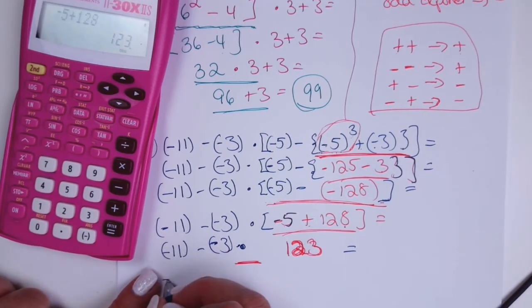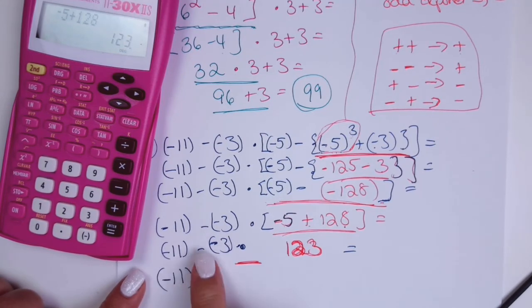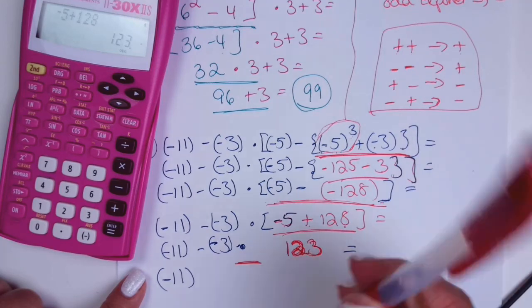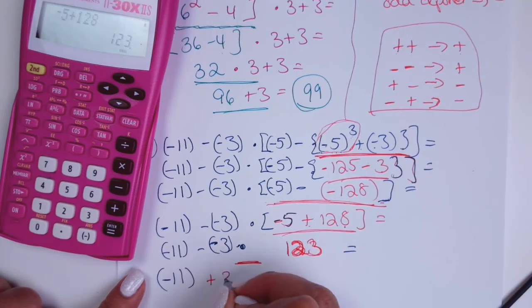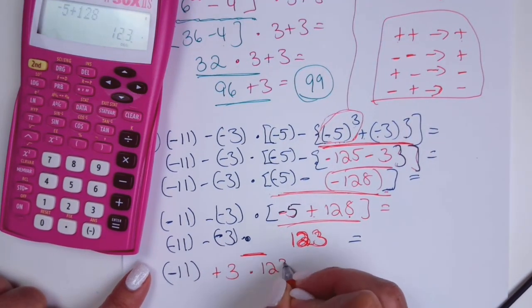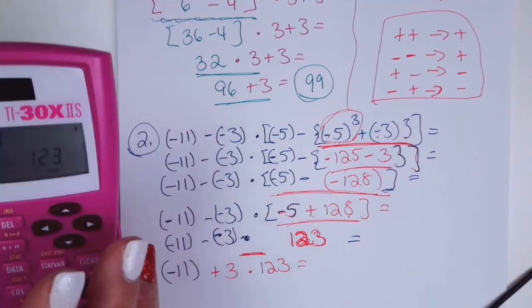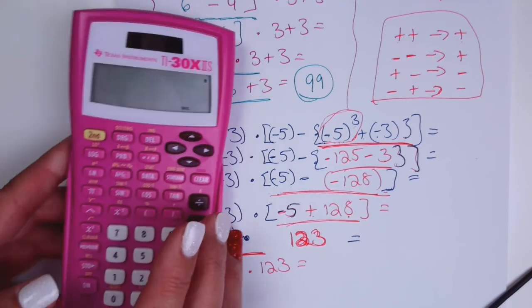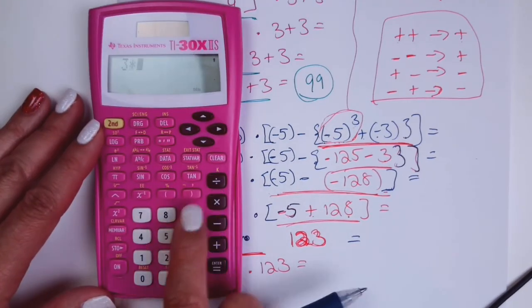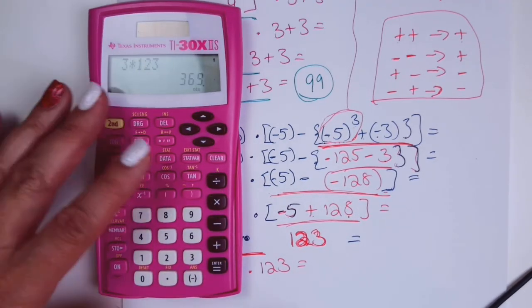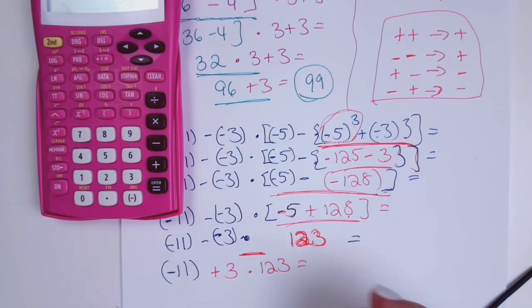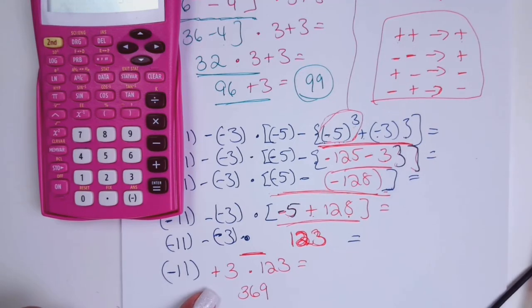So we have -11, two negatives, again, make it into a +3 times 123. So 3 times 123 is 369. So this here is 369, and that is a plus.